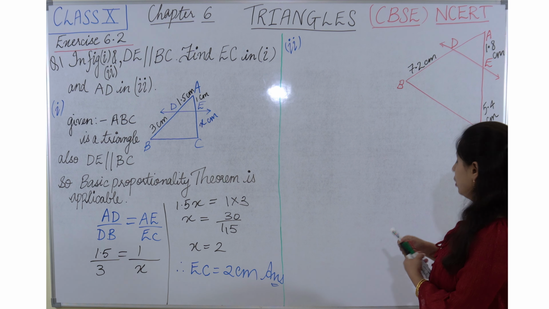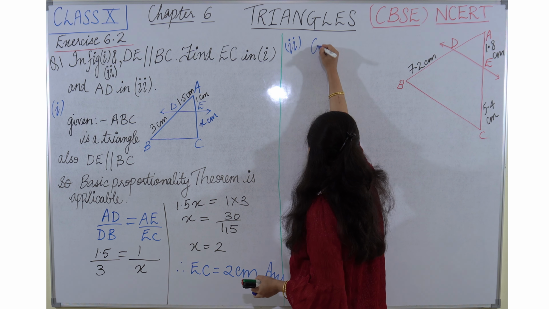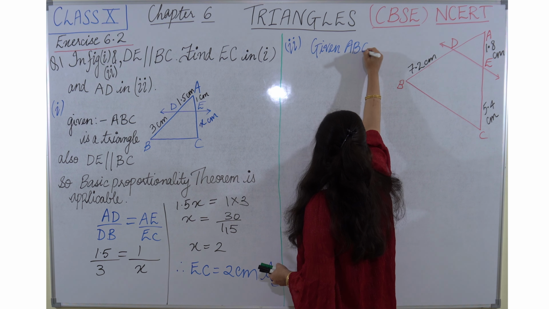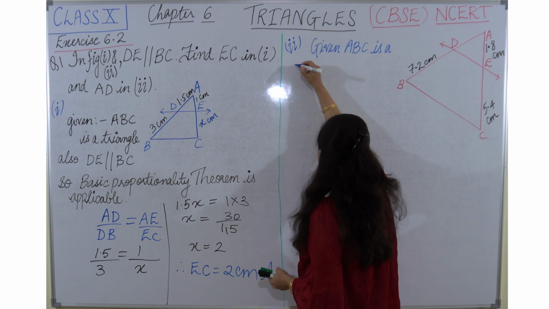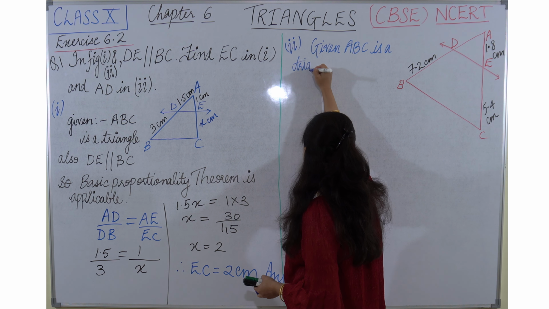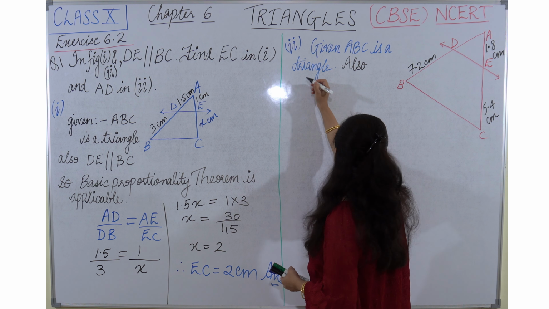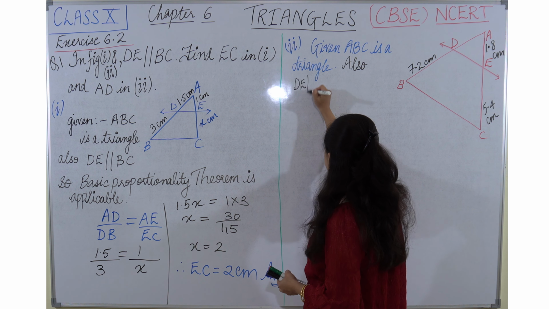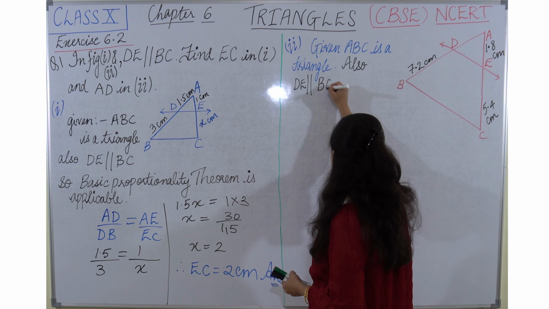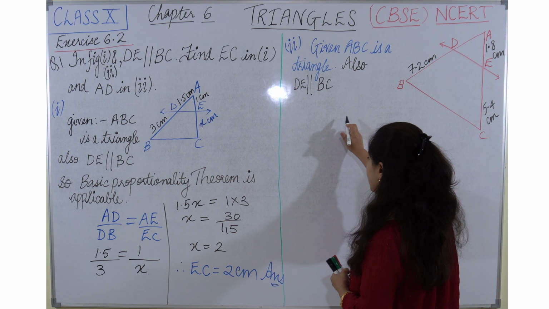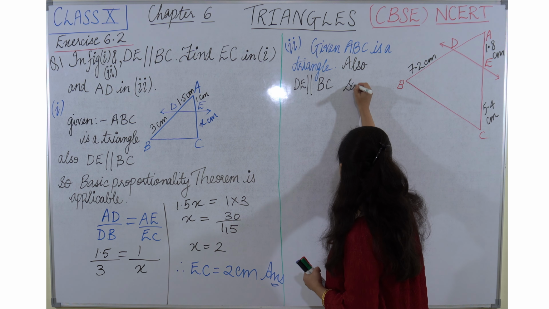Again we will write, given: ABC is a triangle, also DE is parallel to BC.